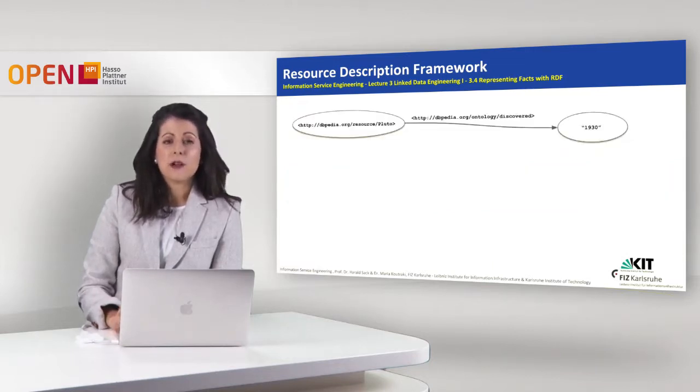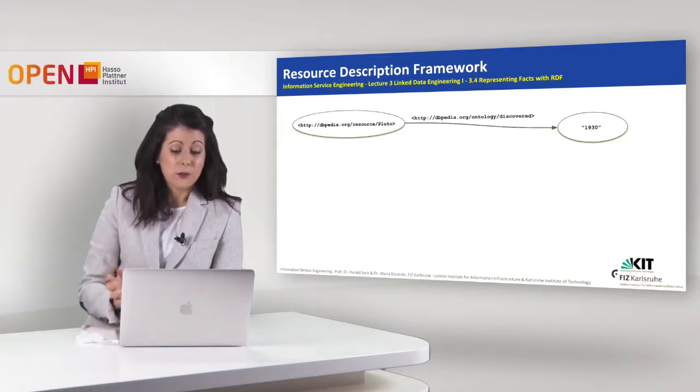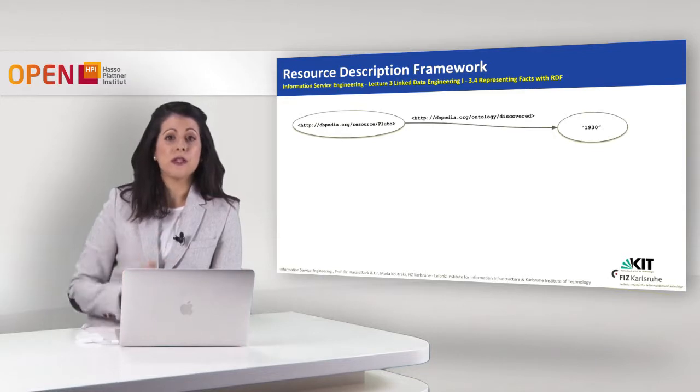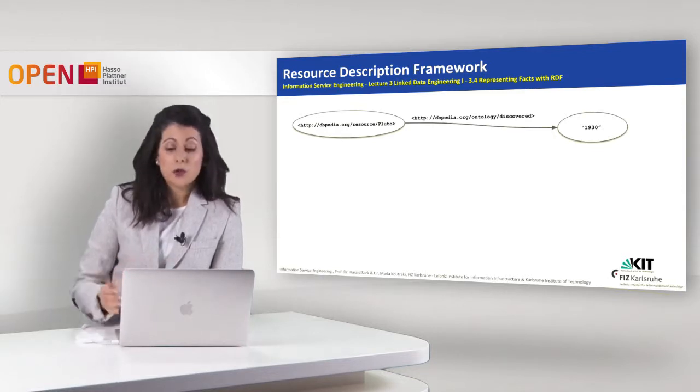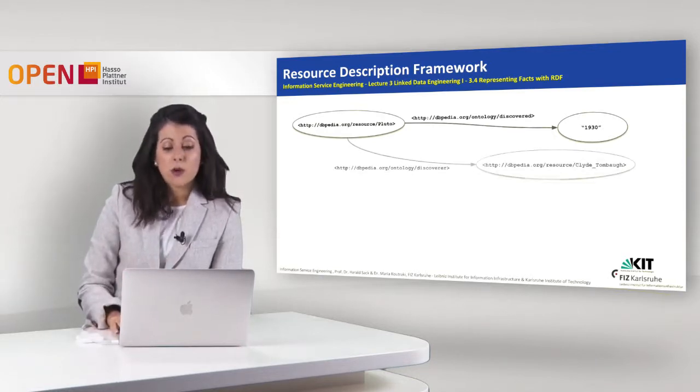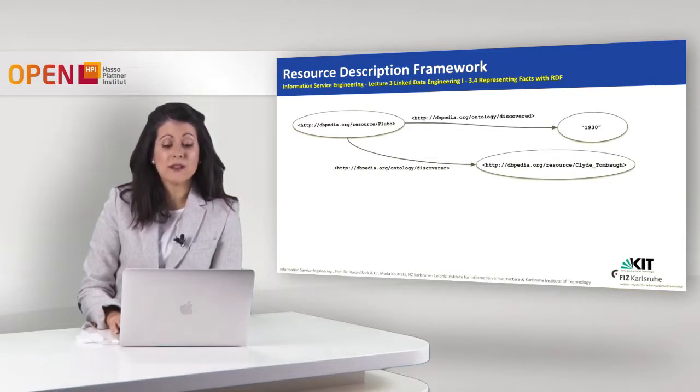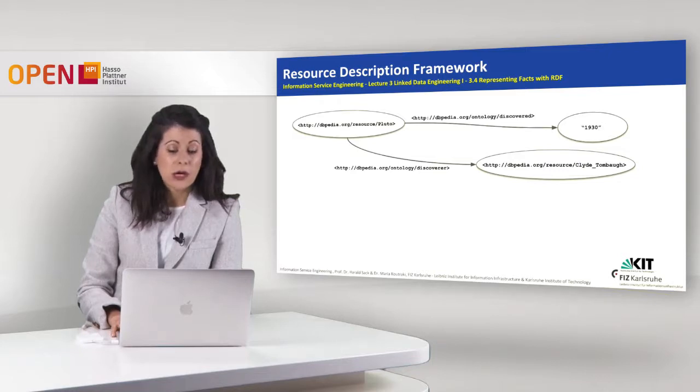But let's see, can we have some more information about Pluto? For the moment, we know that Pluto was discovered in 1930. What other knowledge can we have here? We can have the information of who discovered Pluto, who was the discoverer, which is again connected to Pluto. So one more fact here, one more RDF triple. And then can we know something about this person?